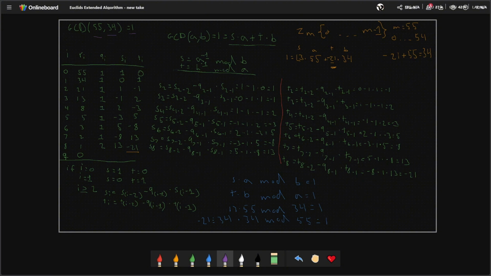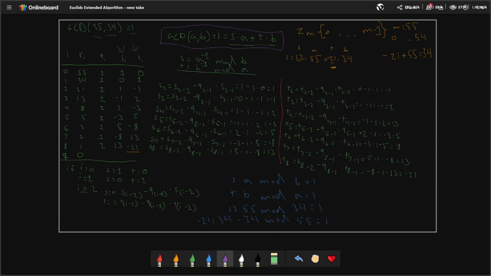Euclid's extended algorithm tells us that we can find those two values to satisfy the equation the greatest common divisor of a and b is equal to 1, which is equal to s multiplied by a plus t multiplied by b. The way to find the value of these two variables is to calculate s and t at each step of the greatest common divisor calculation.